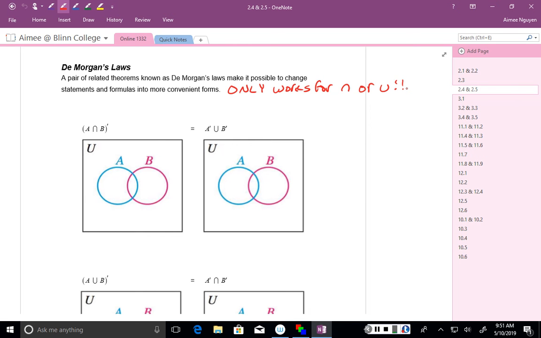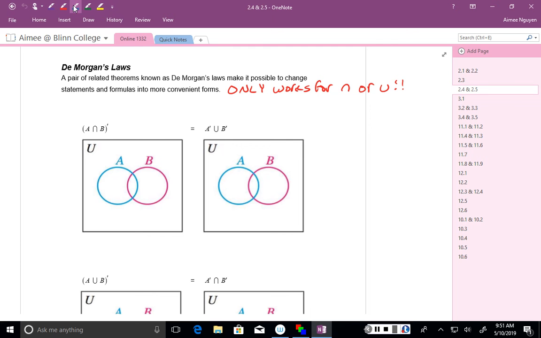Basically what this is, it's a distribution of complements, right? So we have (A intersecting B)', the complement of that, right? And so what we can do is we can take that complement, we can distribute it, we can give it to the A and to the B, and just like when I distribute a negative, that also changes the sign in the middle, right? So I give the complement to both of the parts, and I switch the sign in the middle, right?